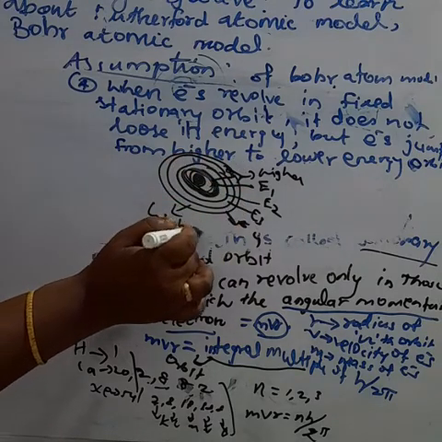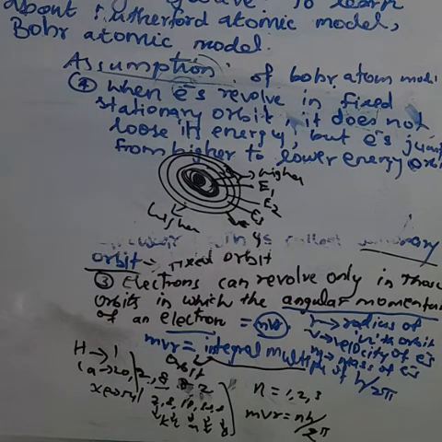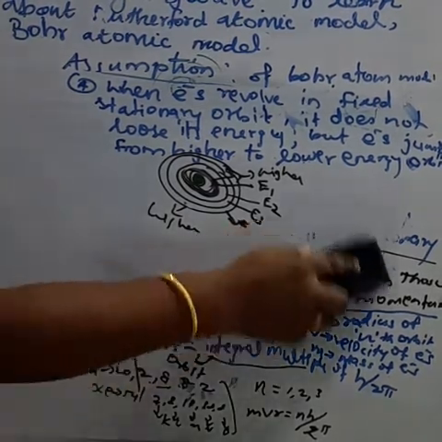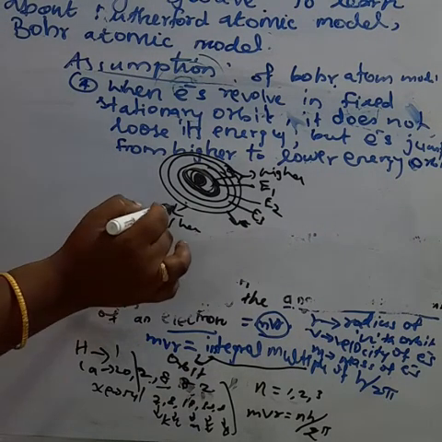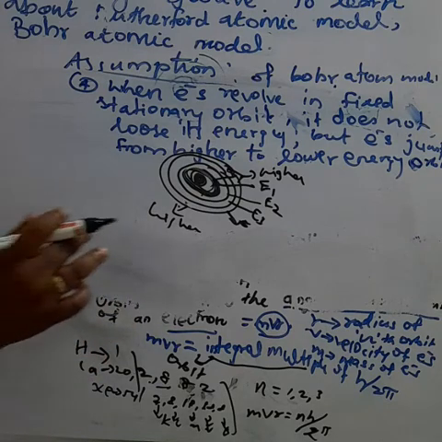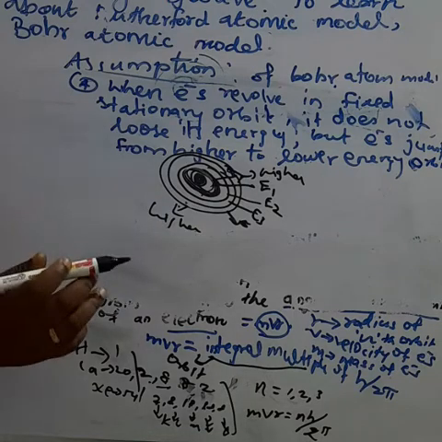So when electrons revolving in a fixed circular orbit do not lose energy, but when electrons jump from higher to lower. Suppose we give any external energy, it can jump from lower to higher and higher to lower.